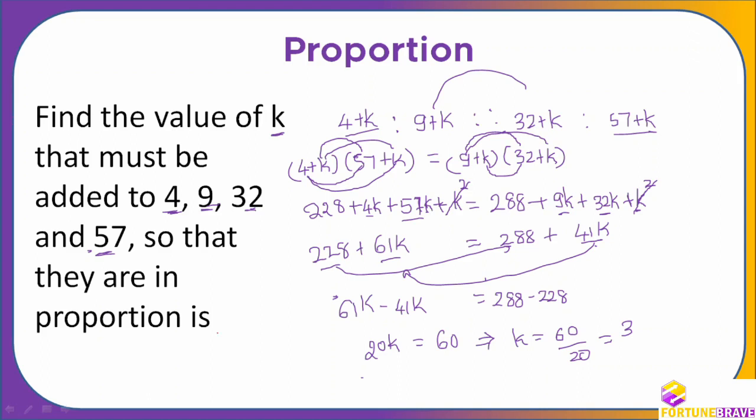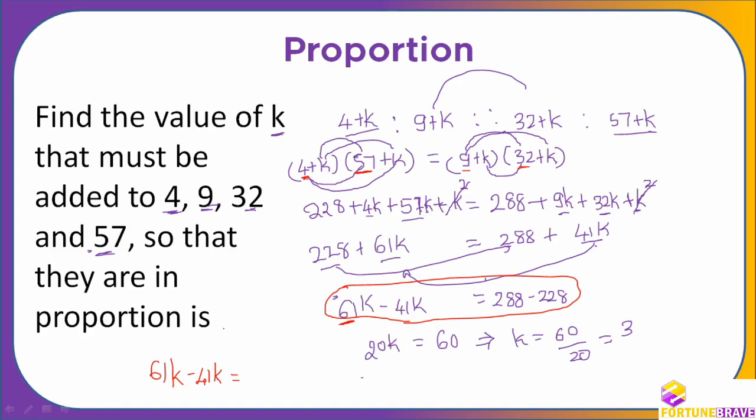Now what I am going to tell you is, you should be able to come directly here. This question you remember, and you should be able to come directly here. How do I get this 61? What I'll do is directly take 4 plus 57, which will be 61. Are you getting my point? 4 plus 57 is equal to minus 9 plus 32 is 41.